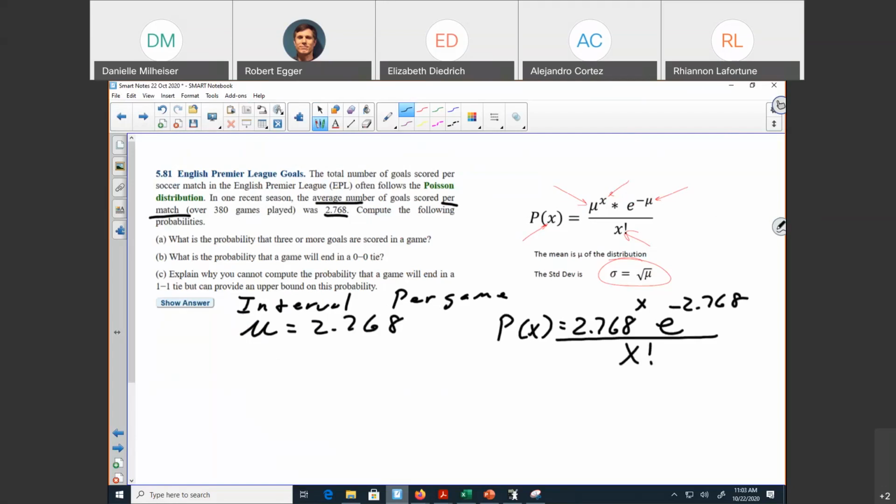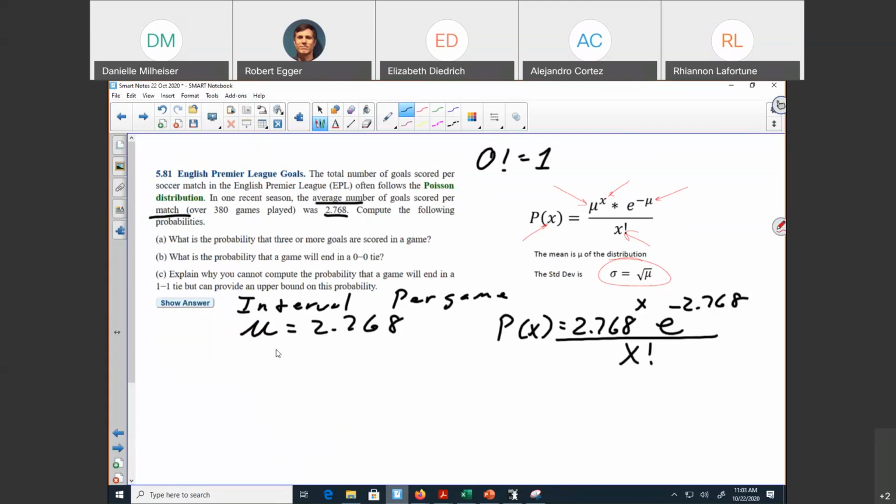And just in case you don't know that, 0 factorial is 1. I thought I mentioned that the other day, but I'm not positive. So there's my Poisson distribution. Tell me how many goals you want: 0 goals, 1 goal, 2 goals, 3 goals. I can tell you what the probability of it happening is.